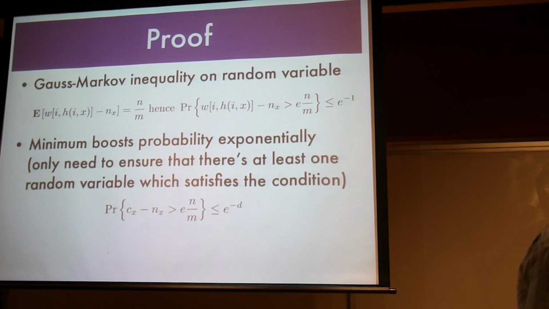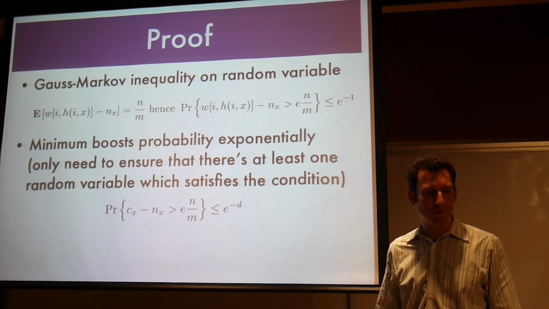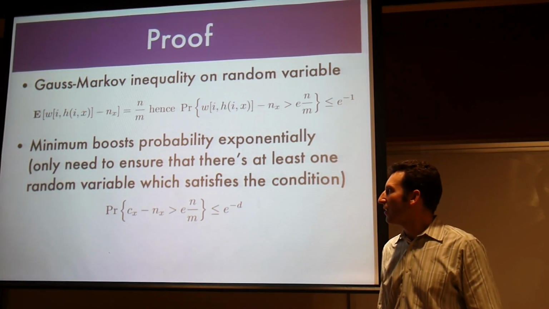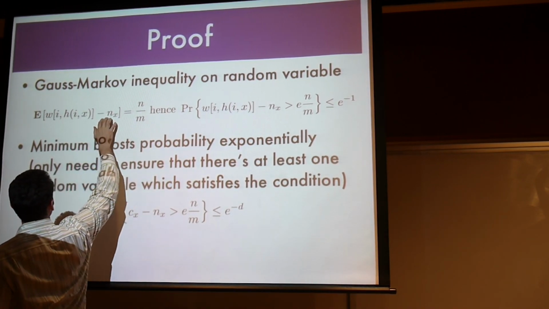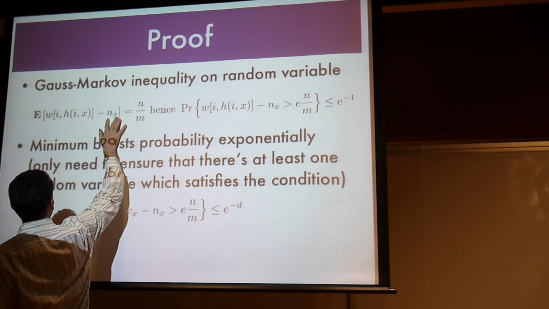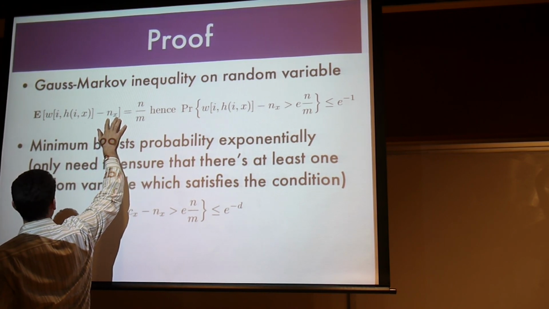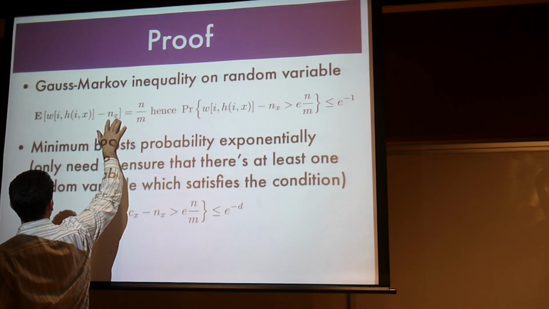Now, the next thing that I then do is I look at the random variable, which is the number of counts that my count-min sketch gets minus the lower bound that I will see, namely the number of items that I would have definitely inserted.